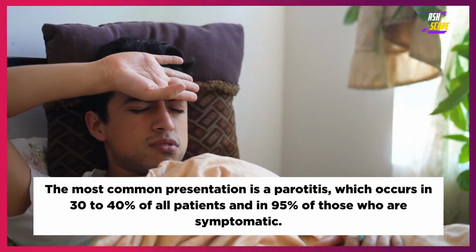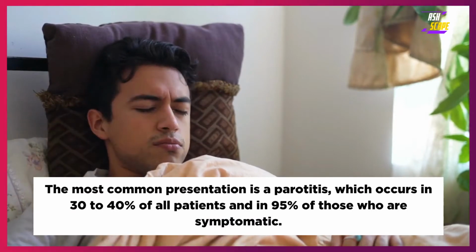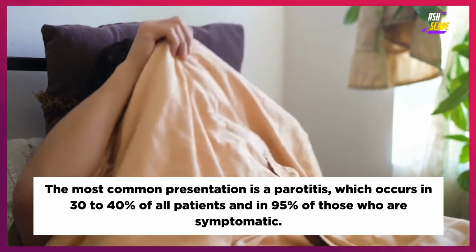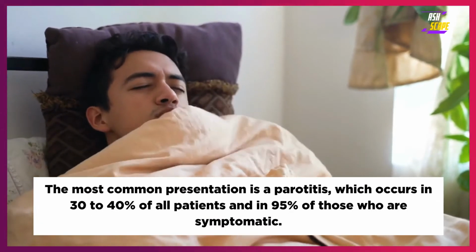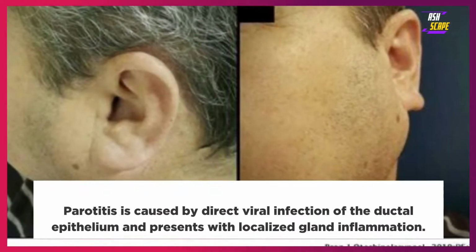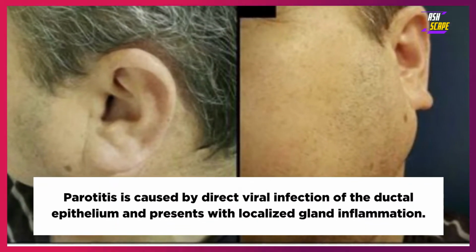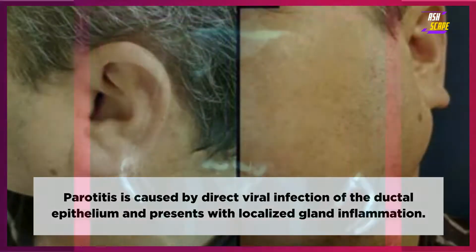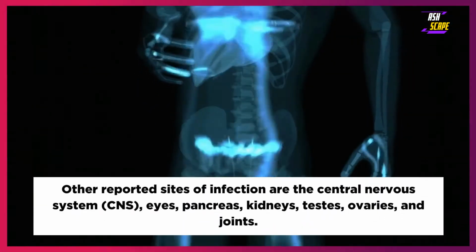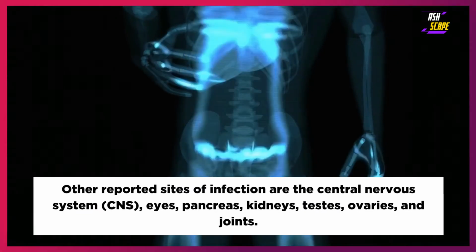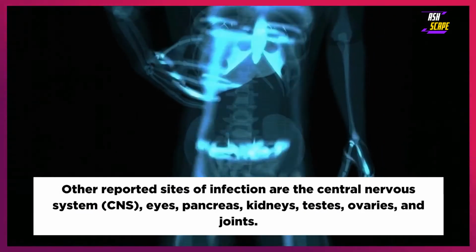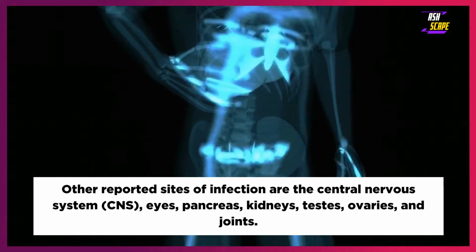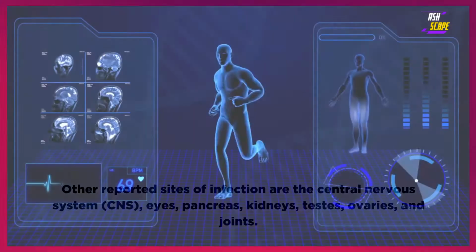The most common presentation is a parotitis, which occurs in 30 to 40% of all patients and in 95% of those who are symptomatic. Parotitis is caused by direct viral infection of the ductal epithelium and presents with localized gland inflammation. Other reported sites of infection are the central nervous system, CNS, eyes, pancreas, kidneys, testes, ovaries, and joints.